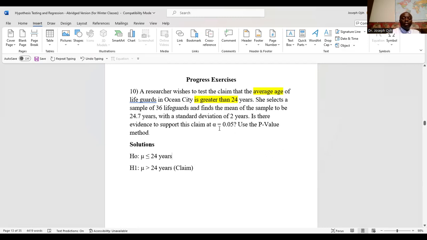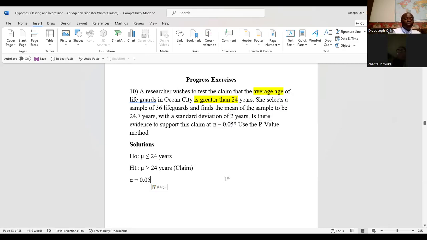Now, it said test the claim at alpha 0.05. That means your chance of committing type 1 error is 5%, and your chance of not committing type 1 error is 95%.